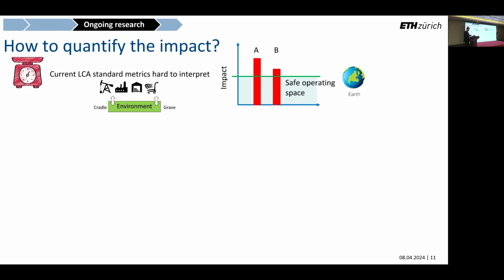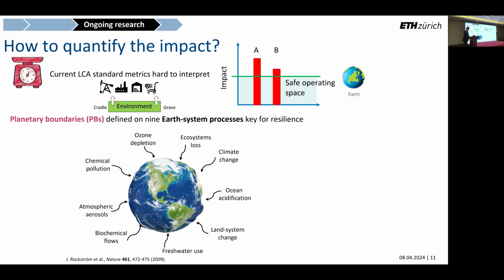Now, how can we actually carry out this type of assessment? In order to do that, we are going to use the framework of the planetary boundaries. This was proposed in a famous paper in 2009. The idea is that there are 9 Earth system processes that regulate the resilience of the planet. So one is climate change. We are very concerned about climate change, but this is not the only environmental category of concern.